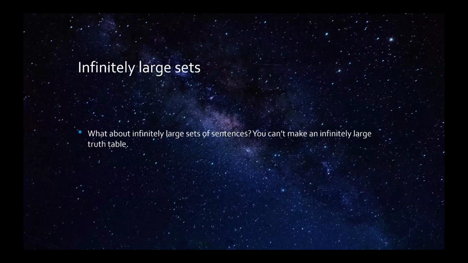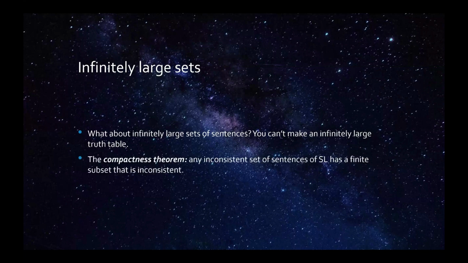In that case, what we do have is the compactness theorem. The compactness theorem says that if you have any inconsistent set of sentences of SL, even an infinitely large one, it has a finite subset that is inconsistent.